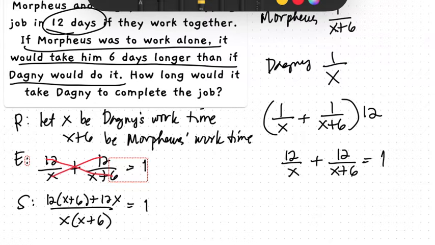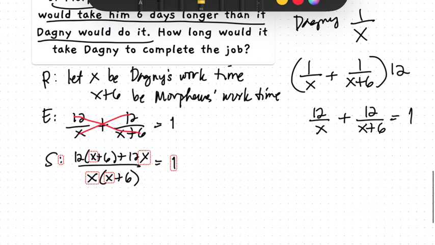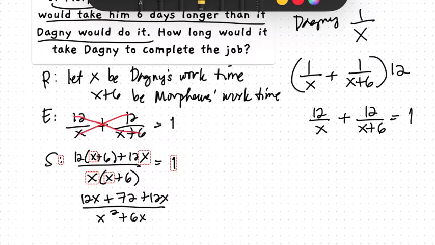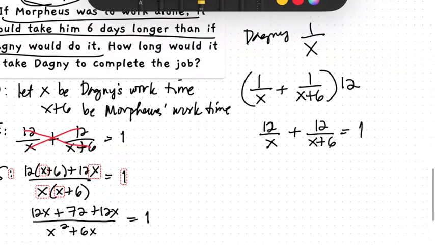Let's simplify this entire thing. We're going to have 12x plus 12 times 6 is 72. Tapos plus 12x all over x squared plus 6x equals 1.